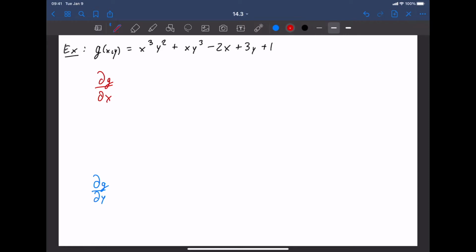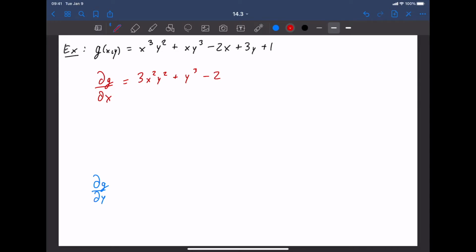Okay. If you understood the first 2 videos, these 2 should be pretty basic. Certainly easier than implicit. Treating the x stuff as variables, treating the y stuff as constants, I got 3x squared y squared plus y cubed minus 2. This stuff's just constant with respect to x.